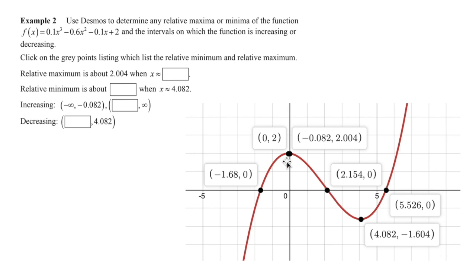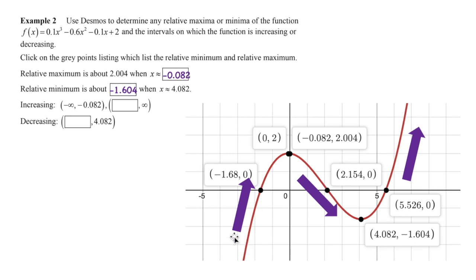So the value of y is 2.004 when x is approximately -0.082. We also have a relative minimum here, another turning point, and this turning point is at about -1.604 when x is about 4.082.